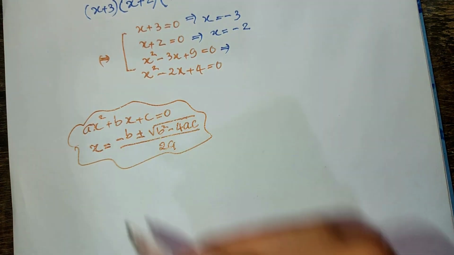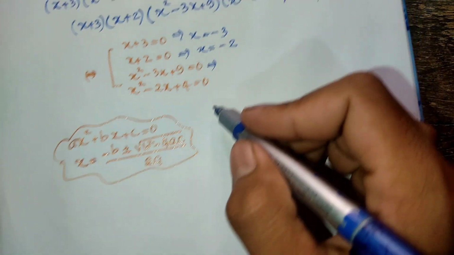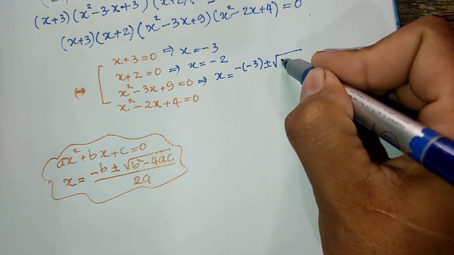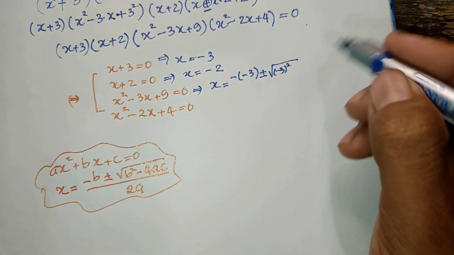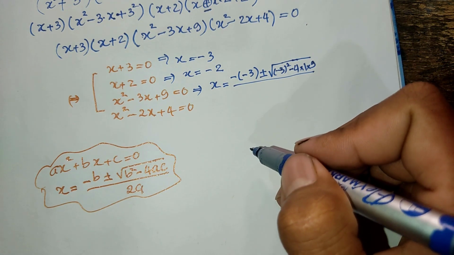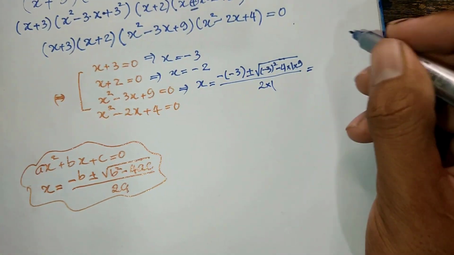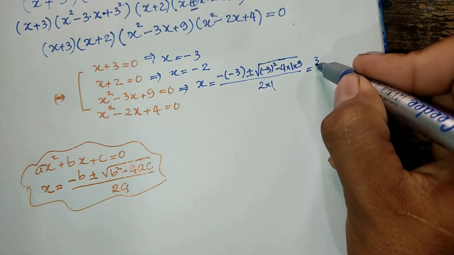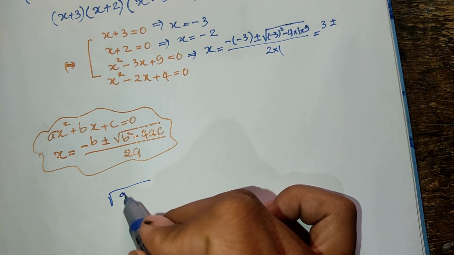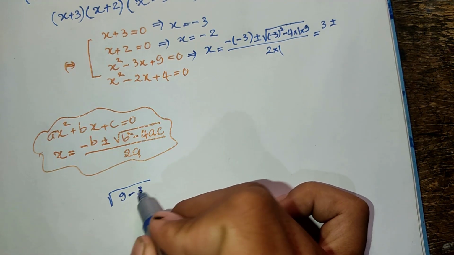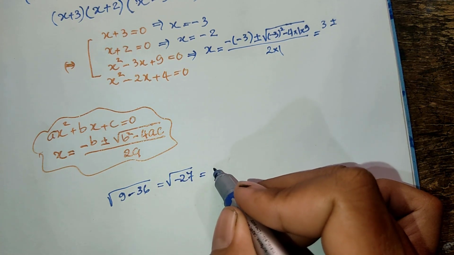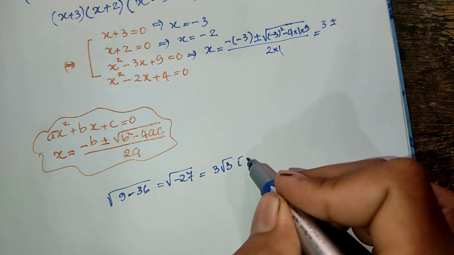Using this rule, for the first quadratic we get h equals minus minus 3, plus or minus the square root of minus 3 squared minus 4 times 1 times 9, divided by 2 times 1. That equals 3 plus or minus the square root of 9 minus 36, which is the square root of minus 27, equal to 3 square root of 3 i.